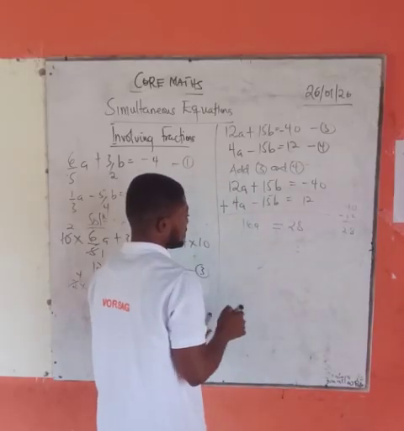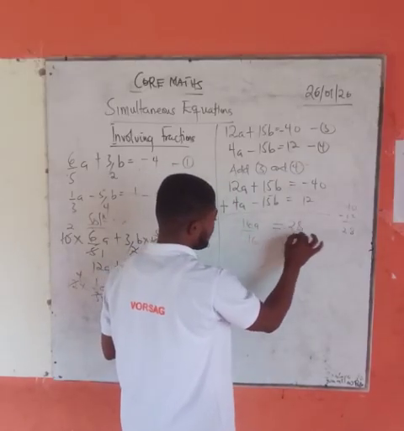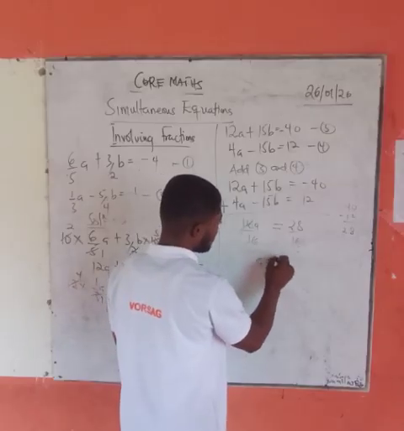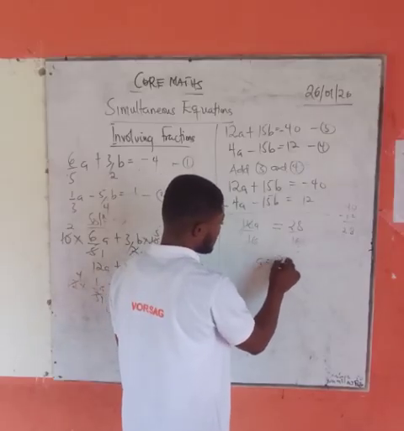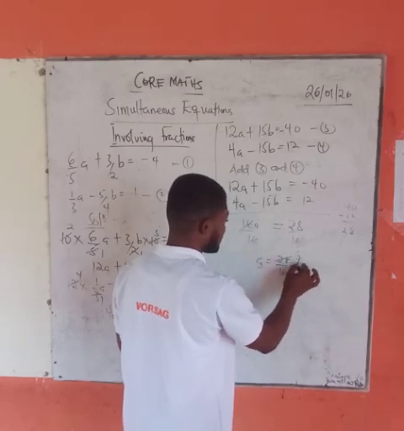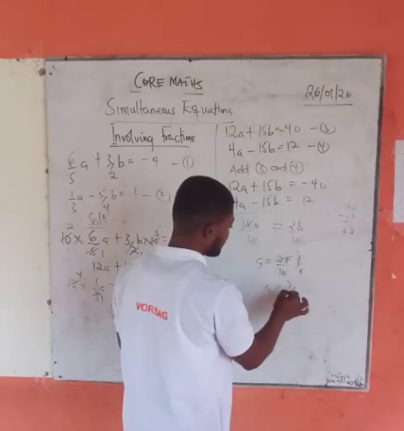Okay, so divide by 16, divide by 16. a is equal to 28 over 16. 2 here, 14. 4 here, 7. 4 here, 4. So a is equal to 7 over 4.